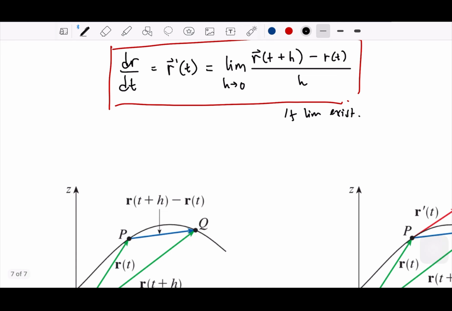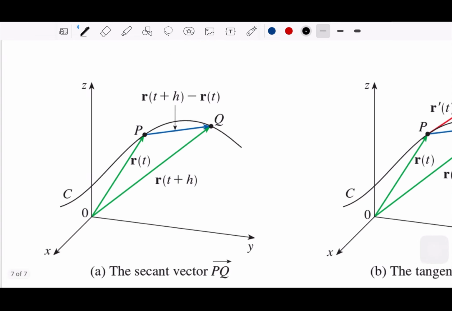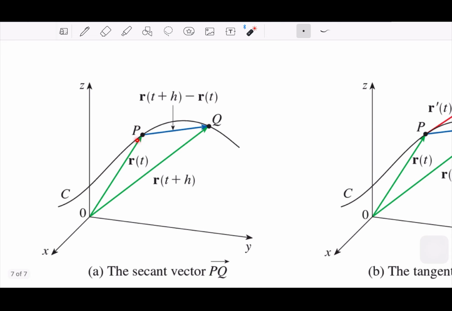So if we look at the geometric significance of how these definitions can be true, okay, if we start with points P and Q, they have these vector positions, and then they have this result, the difference between the vector positions r of t plus h minus r of t.